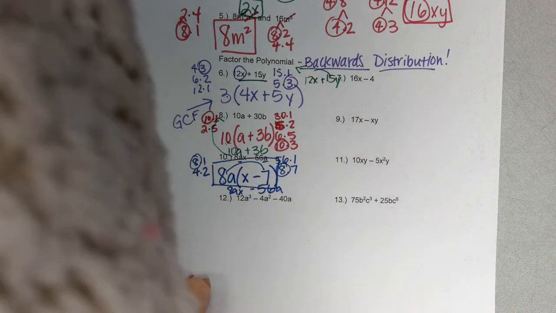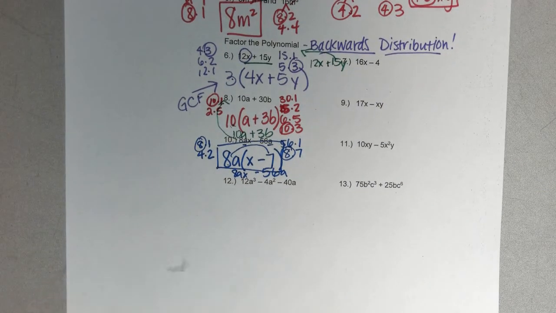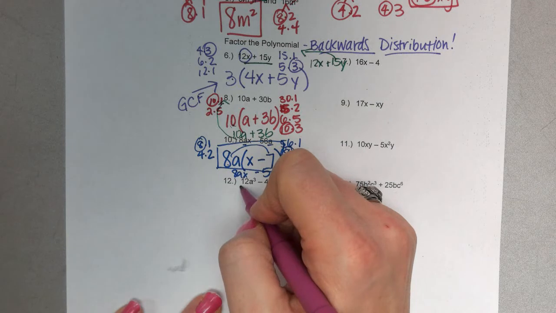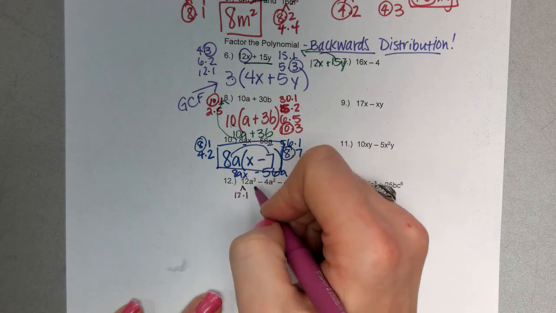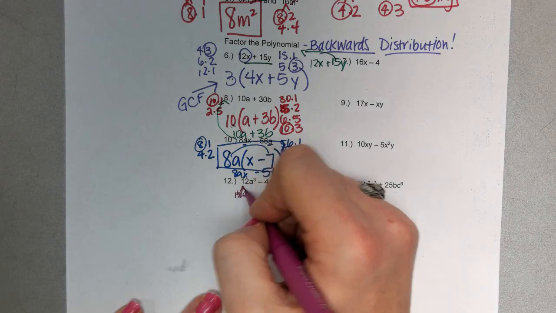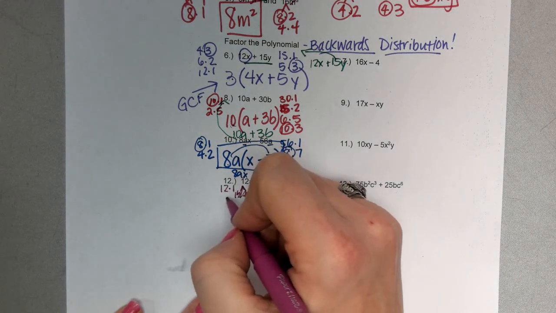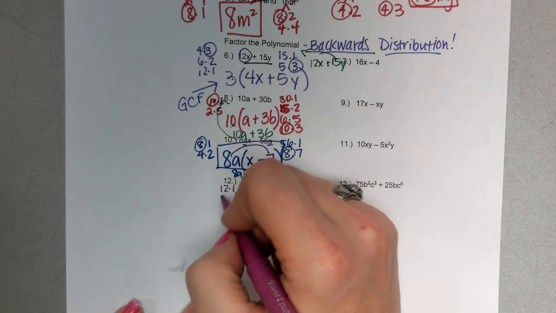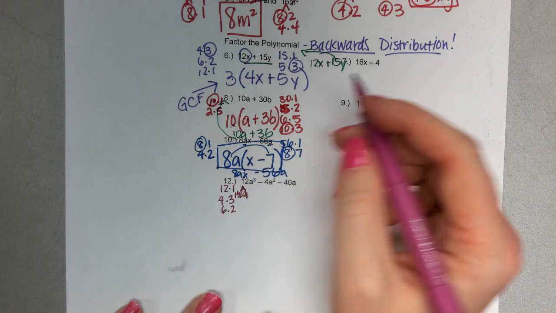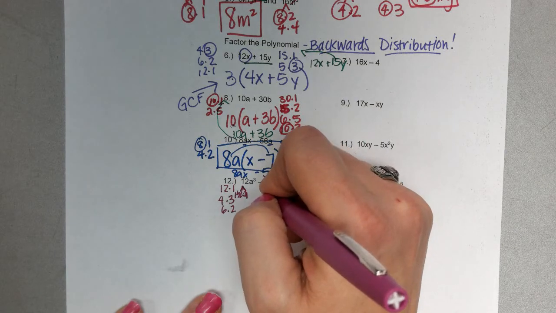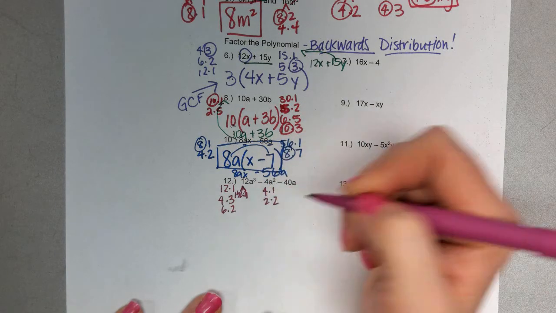And then last question. We have a trinomial down here, but the rules are the same. So for 12, you have 12 and 1. I like to list them. I don't like to make the trees, but I like to list them. 12 and 1, what else can make 12? 4 and 3, 6 and 2, right? For 4, it's 4 and 1, 2 and 2, and that's it.